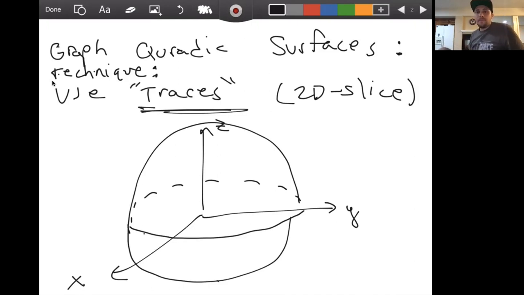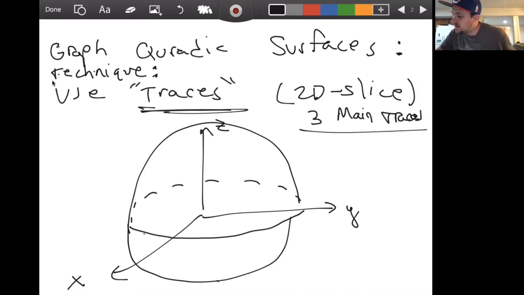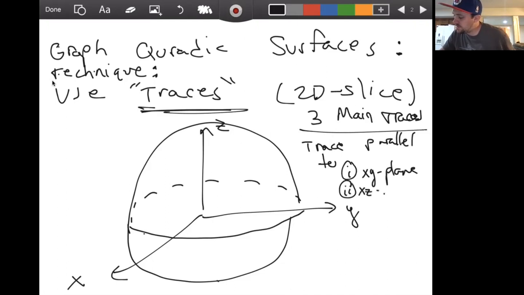There are three main traces that we're interested in, namely a trace parallel to the XY plane, the XZ plane, and thirdly, the YZ plane.